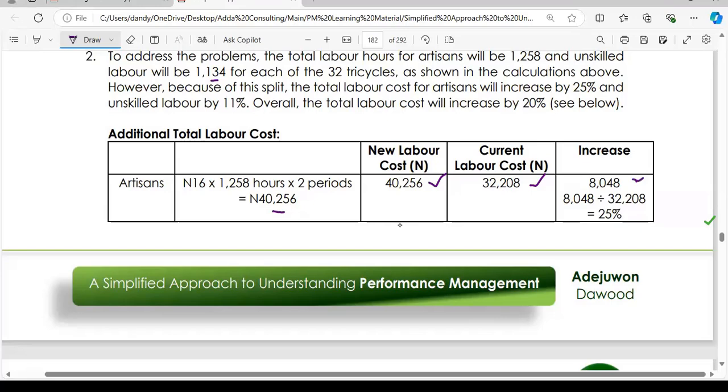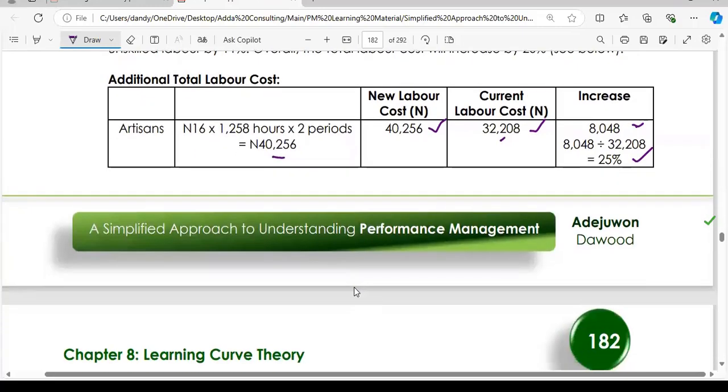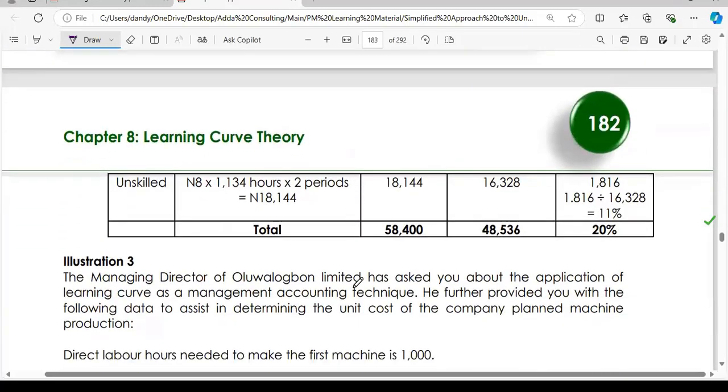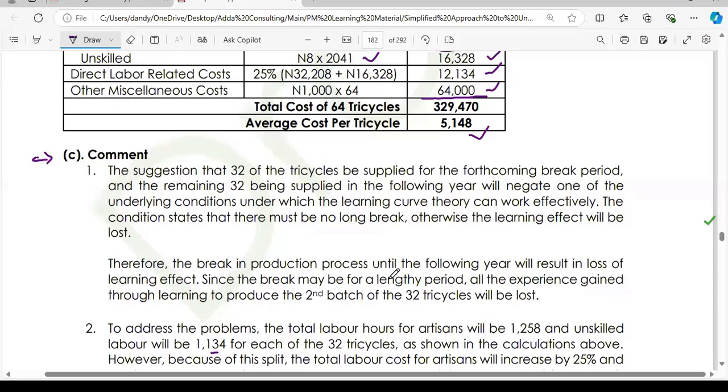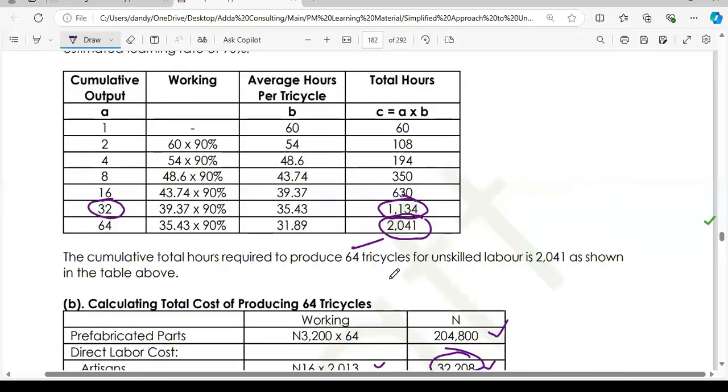What is the percentage increase? The old one is 32,208. The increment is 8,048. Therefore, 8,048 divided by 32,208 will give us an increment of 25% in labor cost for artisan. You do the same thing for unskilled. For the unskilled labor, if you produce 32 tricycle now, the hours incurred is 1,134.